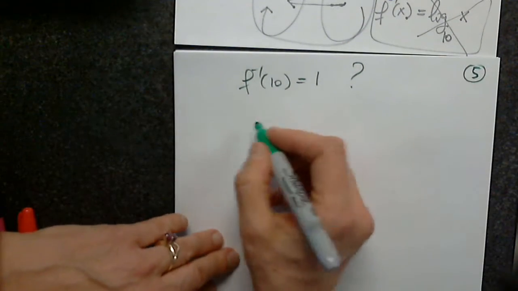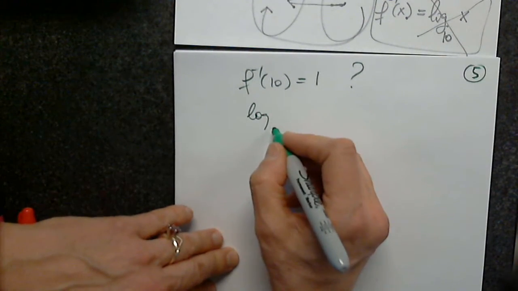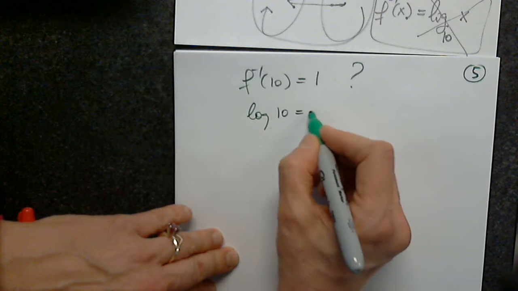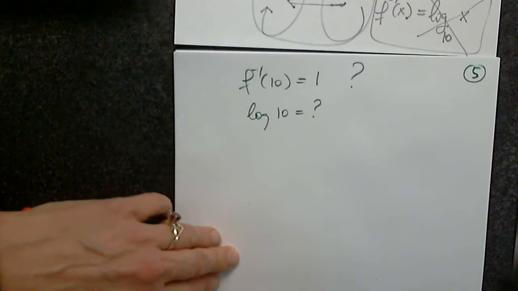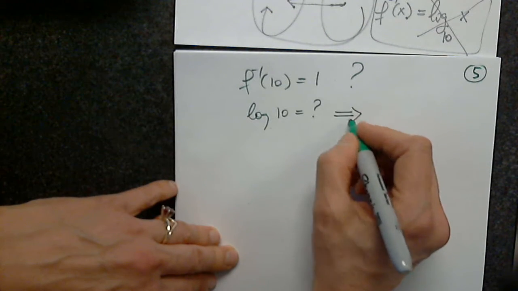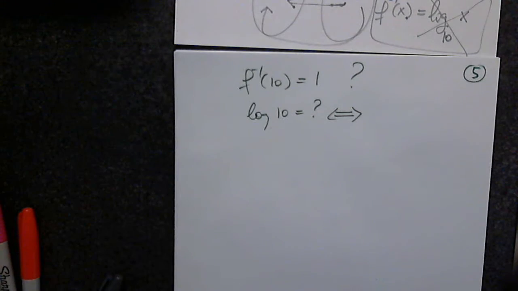So in other words, I want log of 10 equals a number. I don't know what the number is. I don't seem to be able to solve a log equation. I don't know how to solve it, but I know how to change it into an exponential equation. What is the base here? 10.